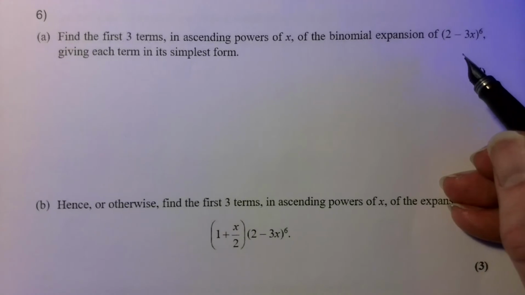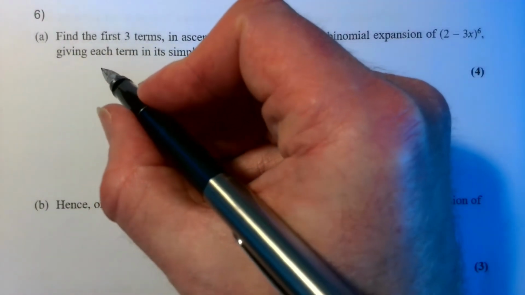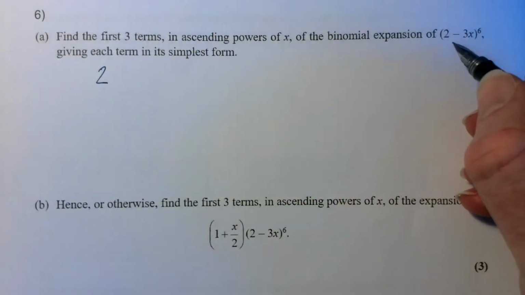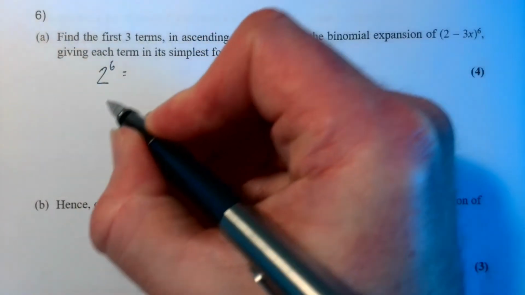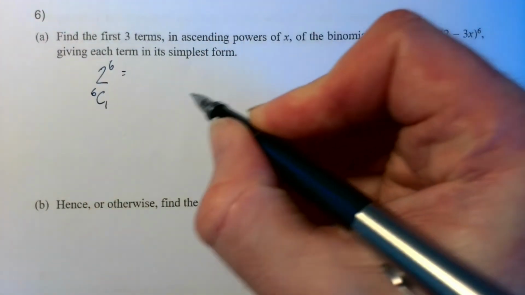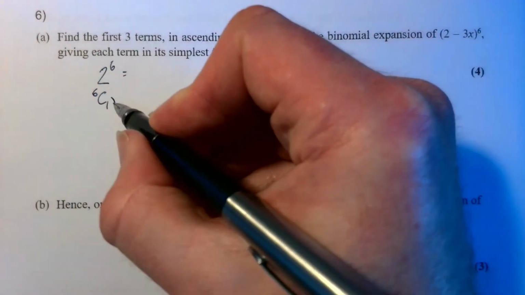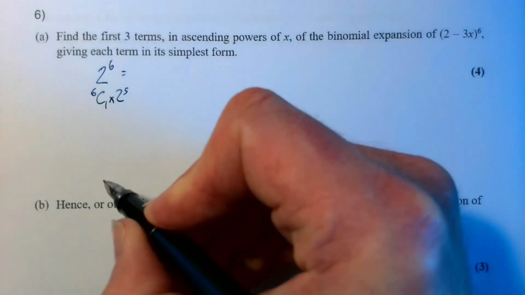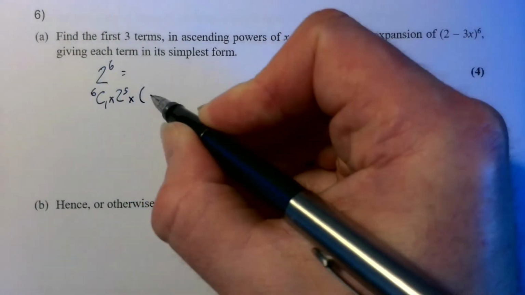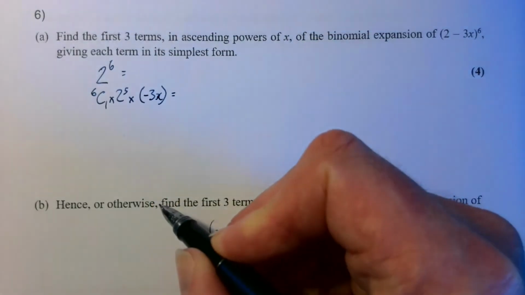Right, binomial expansion. The way I like to set this up is vertically. For the first term, we just need the first 3 terms. The first term is going to be 2 to the power 6. The next term will be 6 choose 1, which is 6, times 2 to the power 5, multiplied by negative 3x, which is going to be a negative, isn't it?